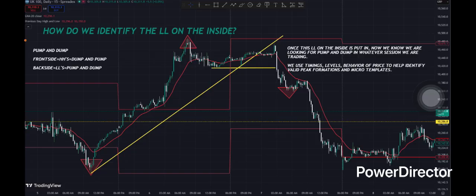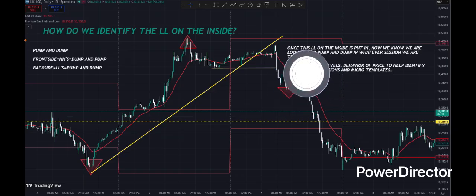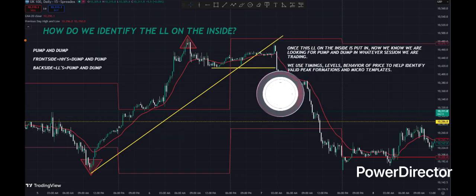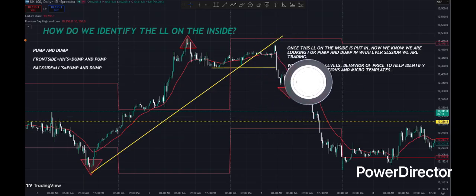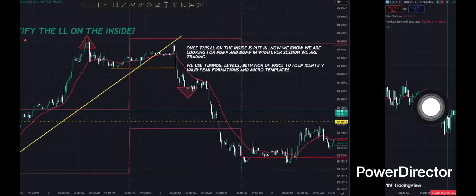But the ones that we are concerned with are going to be taking place in the session. So if you pay attention, this peak formation is in the New York session. This peak formation is in the New York session. This lower low is going into the New York session for the pump and dump continuation down here.